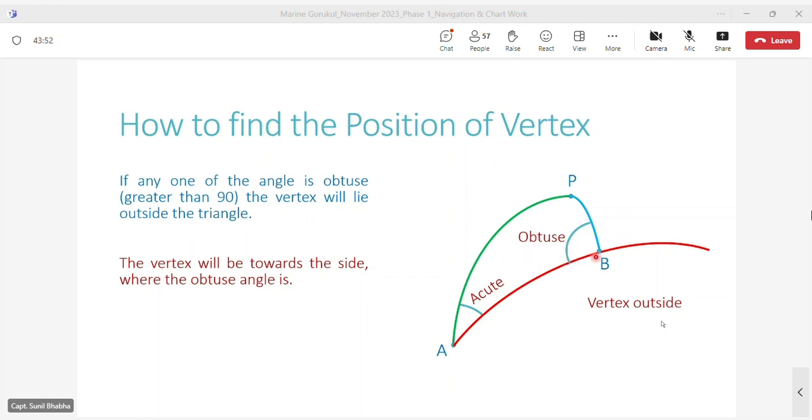So in this case, the vertex will lie somewhere here. You can see the vertex coming up on the screen now. We can now show the meridian of the vertex, and we also know that angle V is a 90-degree angle. So this is the second situation: any one of the two angles being obtuse, the vertex lies outside the triangle, towards the side where the obtuse angle is.